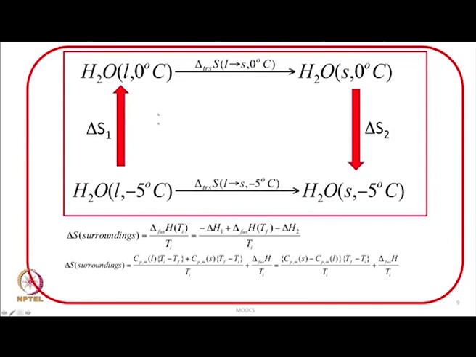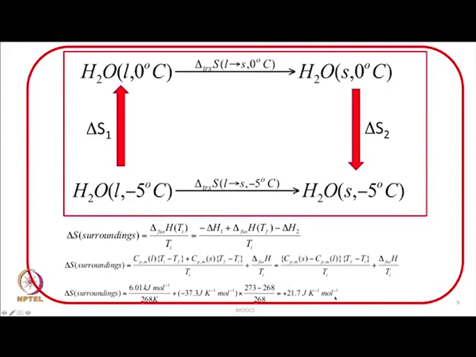You can figure out from this, because we are talking about the reverse process, T_i has to be first and T_f has to be later, plus Cpm of solid into T_f minus T_i, and then the remaining term is delta H fusion by T_i. Rearrange this, substitute the numbers and get the answer. The answer turns out to be plus 21.7 joules per Kelvin per mole.